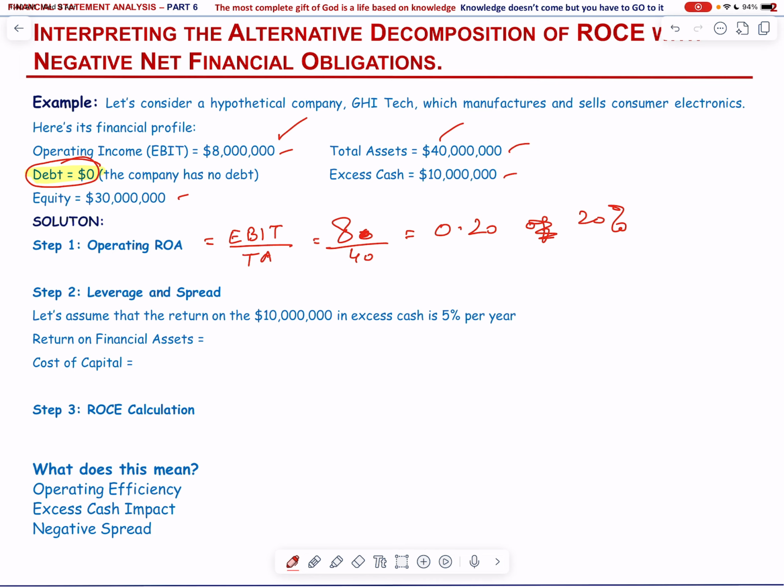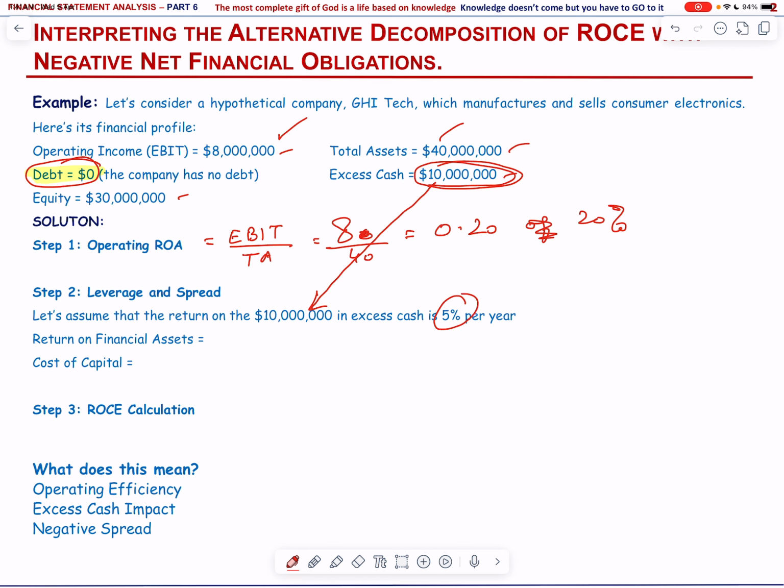However, if you look into this case, the company is holding 10 million excess cash, which is earning a return, for example, through interest on bonds or dividends on stocks. Now, this return from financial assets affects the company's spread. So, let us assume that the company's return on these 10 million in excess cash is 5%.